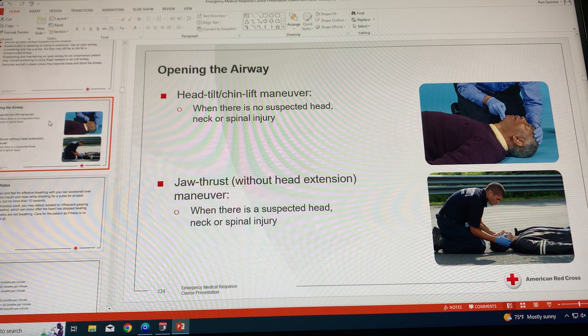For patients of all ages, tilt the head back and lift the chin to open the airway. Do not tilt a child or infant's head back as far as an adult's. Tilting the head back too far can close off a child's airway. Tilt a child's head so the airway is slightly past neutral position, and tilt an infant's head so the airway is in neutral position.